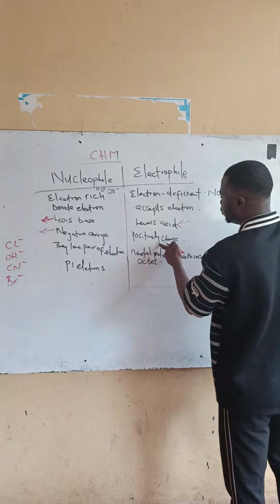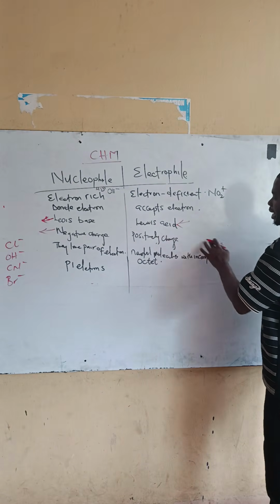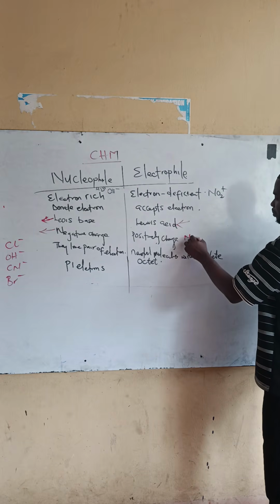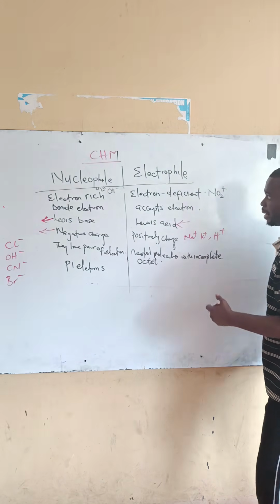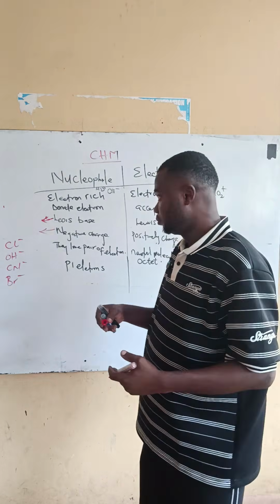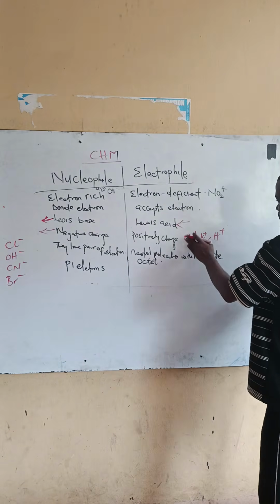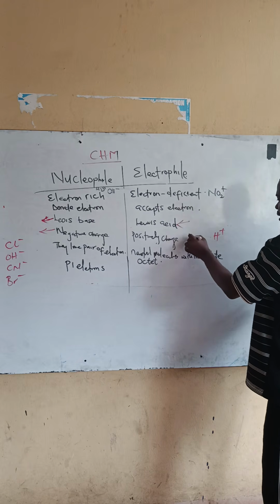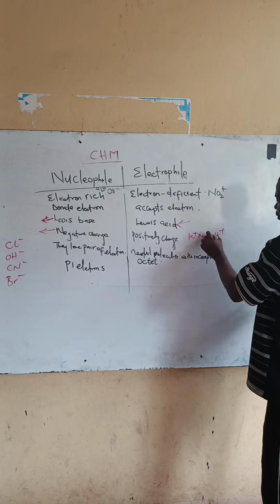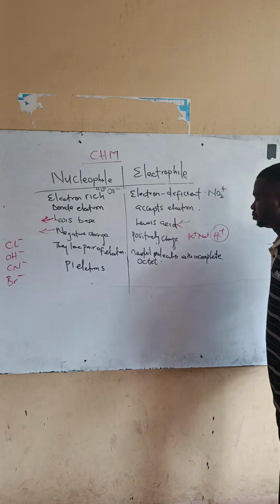Electrophiles are positively charged. Guys like, let's say, Na plus, K plus, H plus. Because they are positive, they are electrophiles. Especially hydrogen plus.